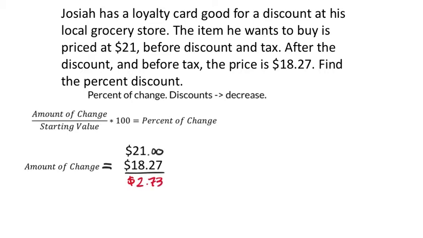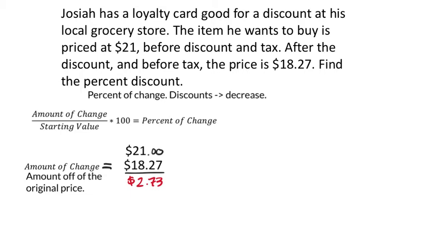Just to be clear, it's $2.73. That's the amount off of the original price of $21. So it used to be $21, they took off $2.73, and then the discounted price is $18.27.